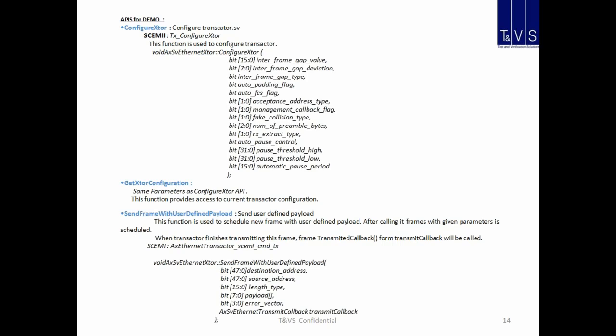And next is to provide user-defined payload. Again, we have an API for that, send frame with user-defined payload with the destination address, source address, and all the rest of the packet variables.